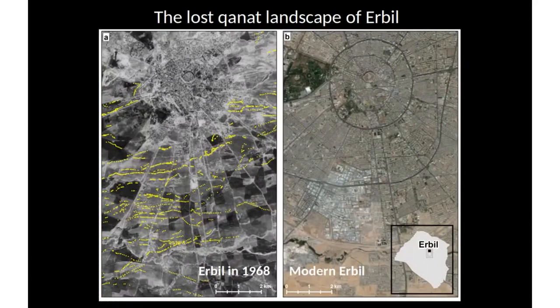This is it. And what is interesting is that if you look at a remote sensing image acquired today, you have nothing to see because everything has been destroyed. These qanats are completely destroyed, but at that time, they were still there. So archaeologists use these images to try to map these aquifers.